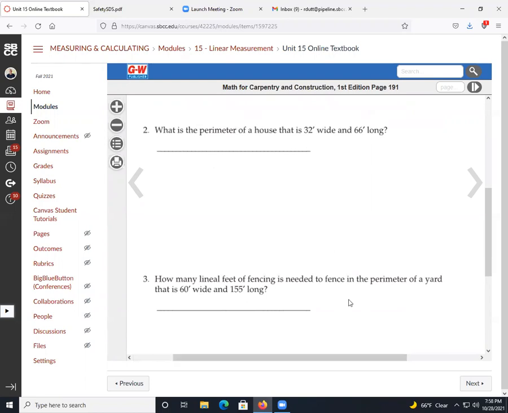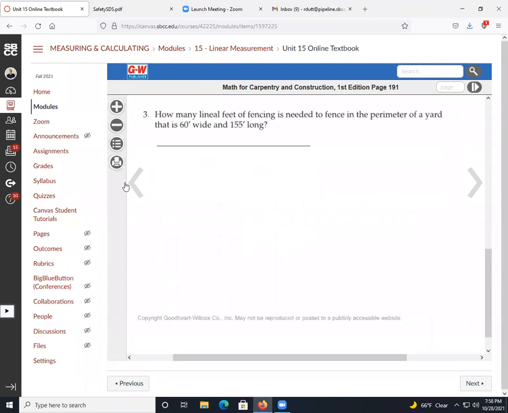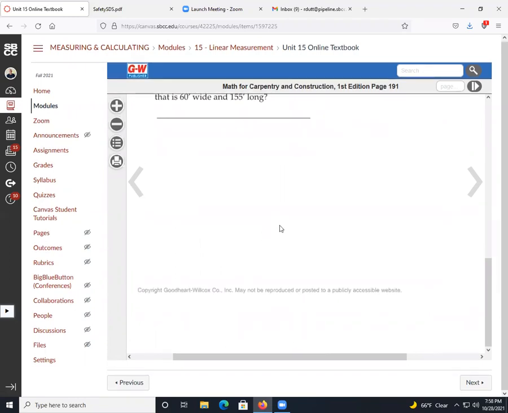It's 60 foot wide and 155 foot long. 310. No, because twice 155 is 310. I got to add twice 60, which is 120. So that would make it 430. 430 feet would be your perimeter. Don't forget, you got to do both of them. So you see 2 times one side and 2 times the other side added together.